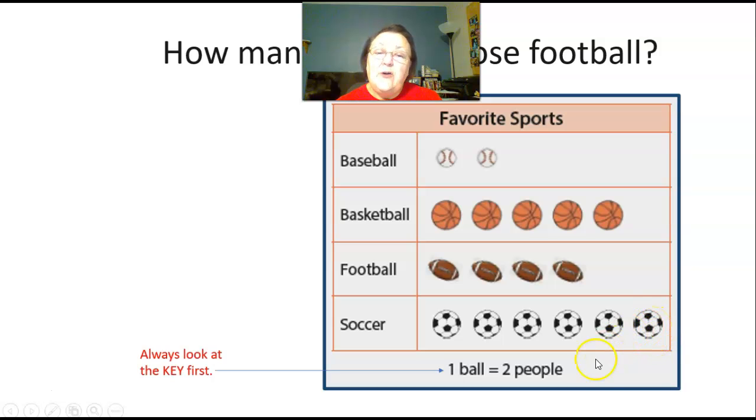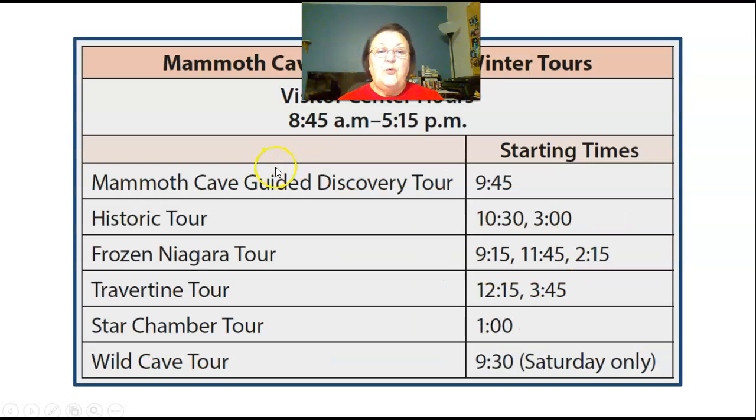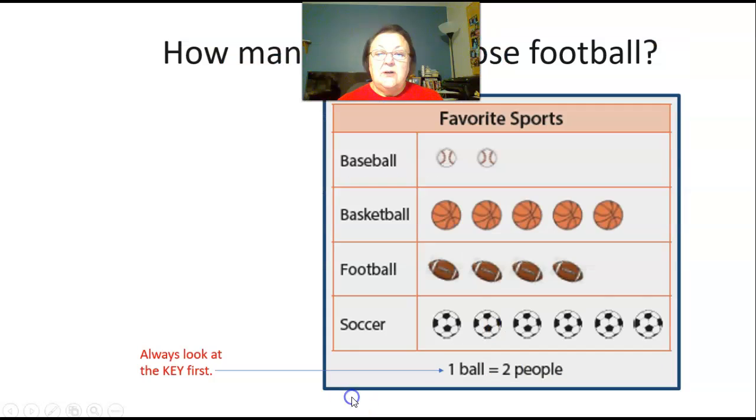So we have 12 people who chose soccer. So the key thing about these type of picture charts is look at the key so you will know what each picture or ball or whatever it is that they're showing you represents.